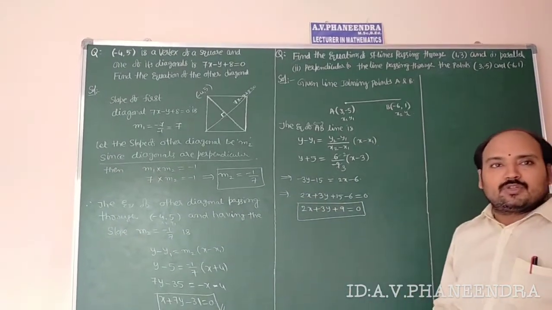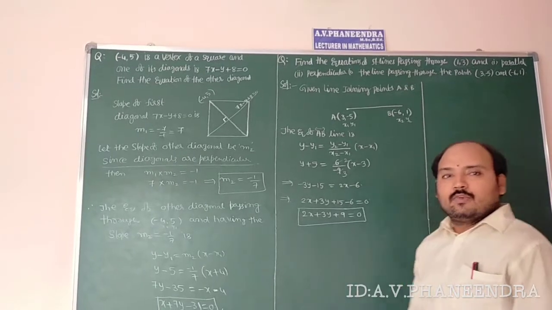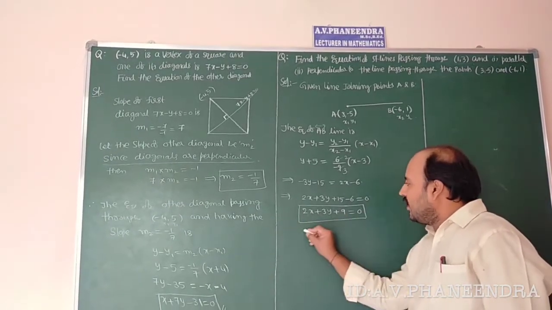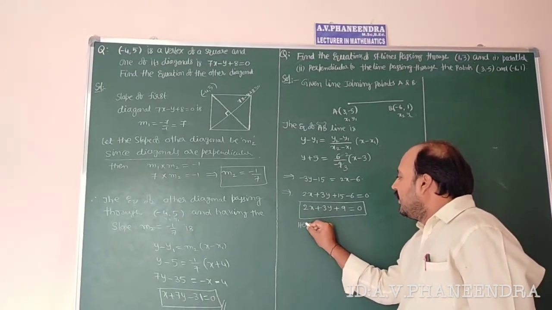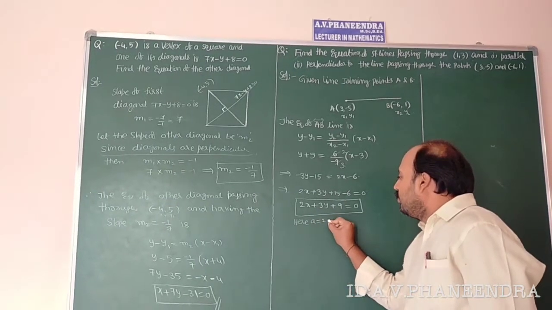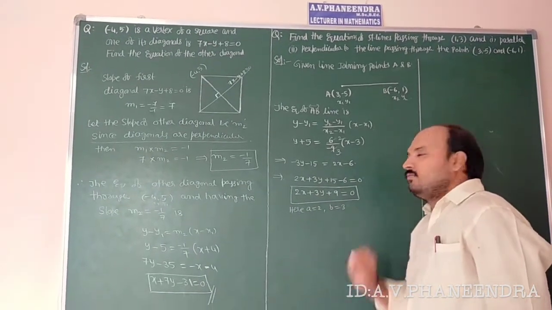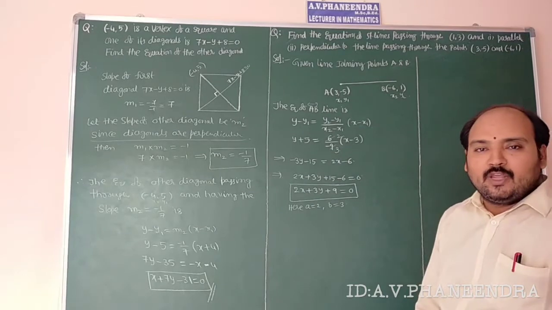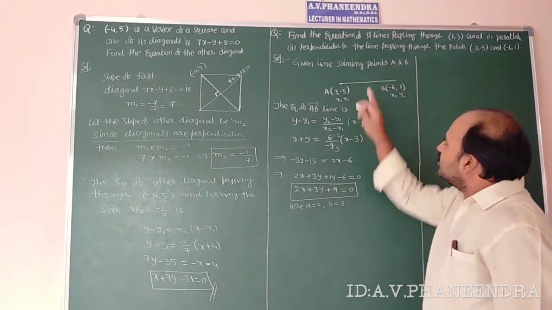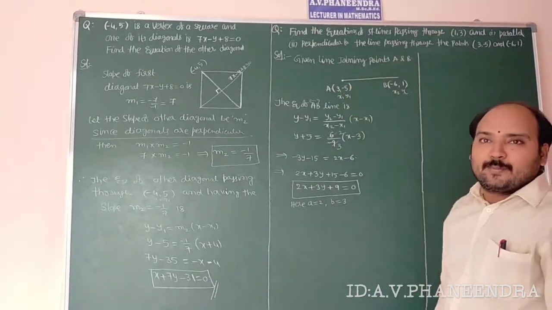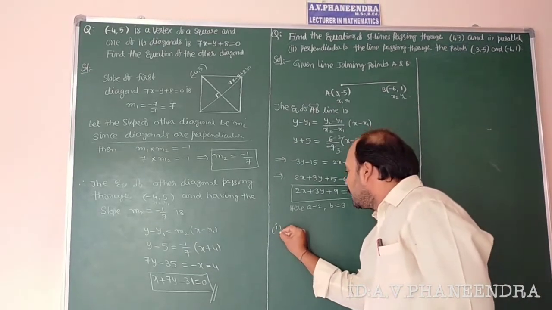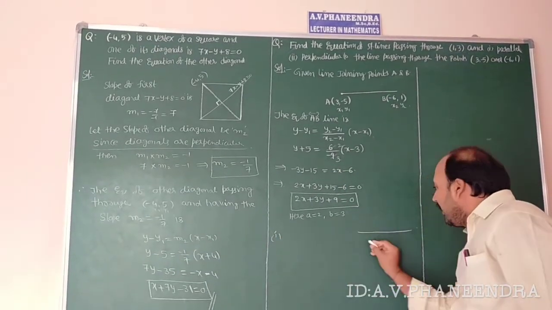Now come to the question. First we have to compare this with ax plus by plus c. Here a is equal to 2, b is equal to 3. Why are we writing only a and b? Because the first question is parallel and the second is perpendicular. This is the line AB.